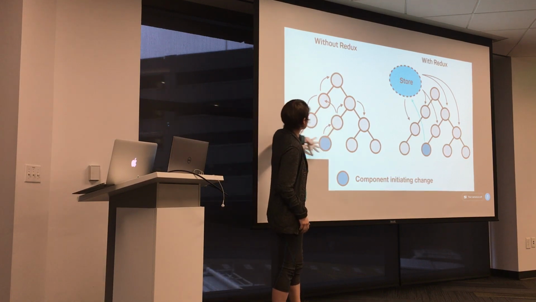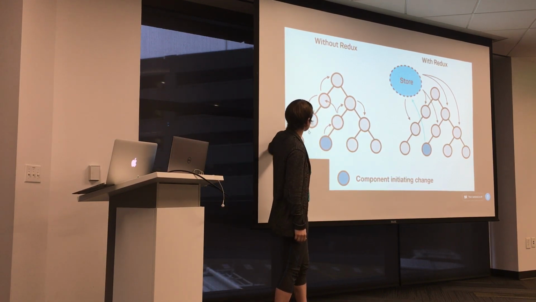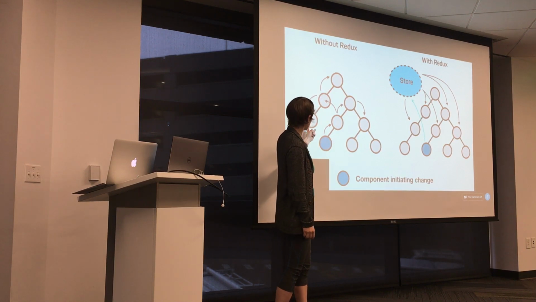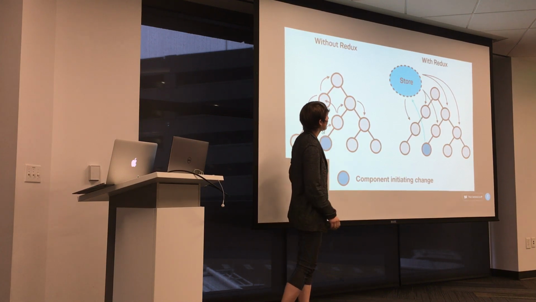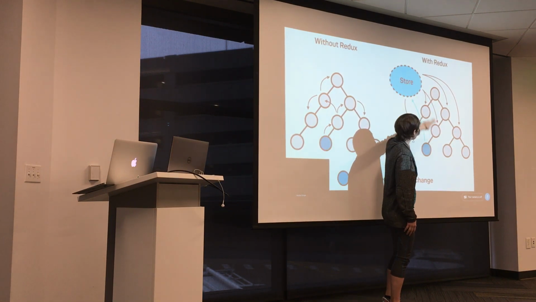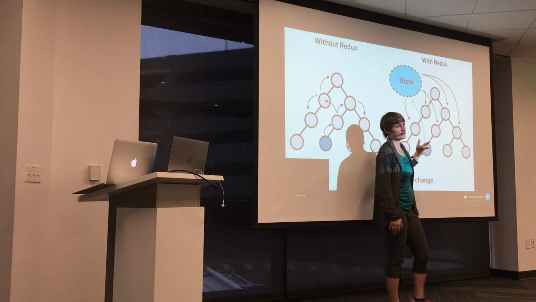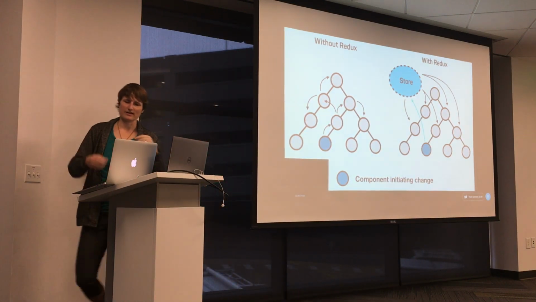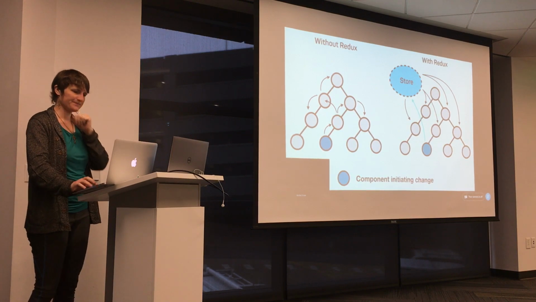So once again, componentry with just React, and actions are going up, data is trickling down. But what about these components? How do they communicate? Whereas with Redux, you have one store for state, and any component you connect to the store has access to that state, and can send actions that can change the state.